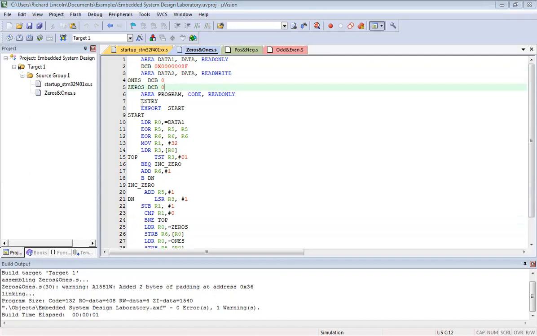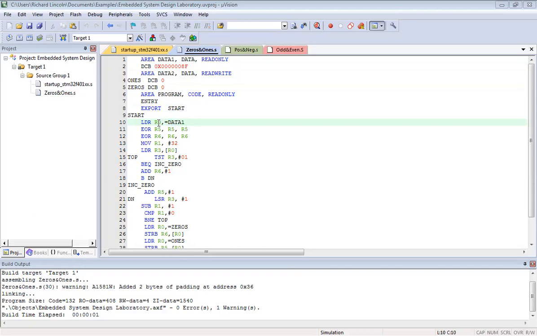Here you should understand ones will occupy a specific address, zeros also will occupy a specific address, and data 1 also will occupy a specific address. So I am not actually telling R0 to take this address. I am just telling whichever address is pointed by data, you can allocate that to R0.